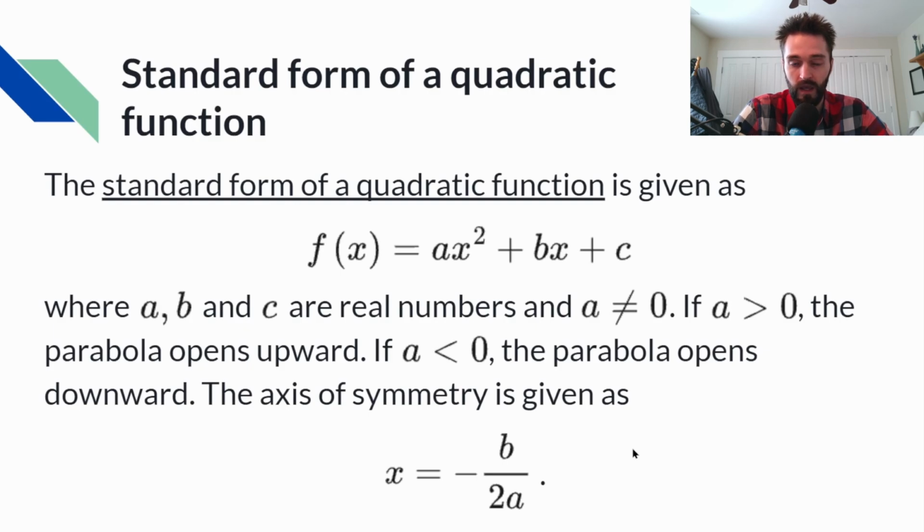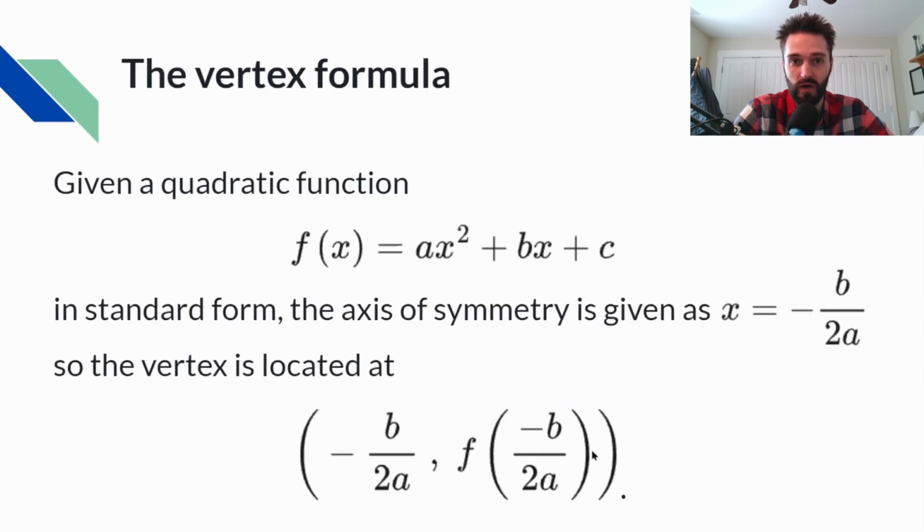Okay? And remember, the axis of symmetry passes through the vertex. So this equation here immediately gives rise to something called the vertex formula. Okay? Given a quadratic function in this standard form, the axis of symmetry is given by this equation here, x equals some number. Okay, minus b over 2a is just going to collapse down to some number, and we'll get x equals something.